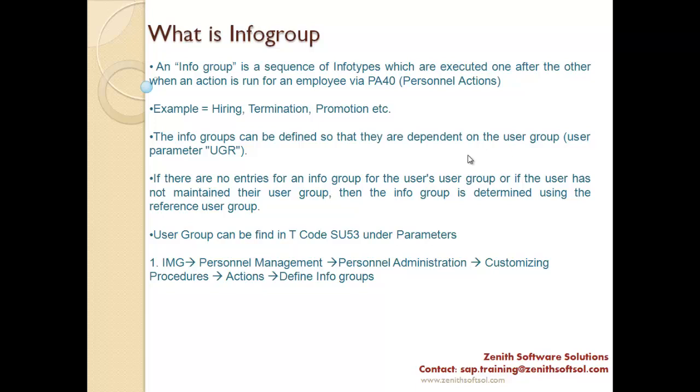So if I try to perform an action which is relevant to termination, then I cannot perform it, because that info group is assigned to your user group. This is very important, and in big organizations this user group is really important. So hope you understood what is info group and what is user group. Info group is a sequence of info types, and user group is basically users belonging to that particular user group.